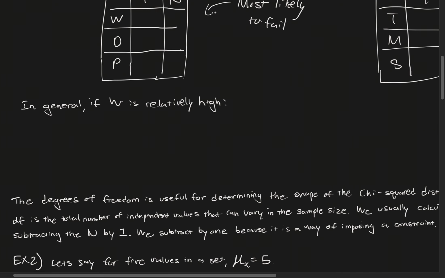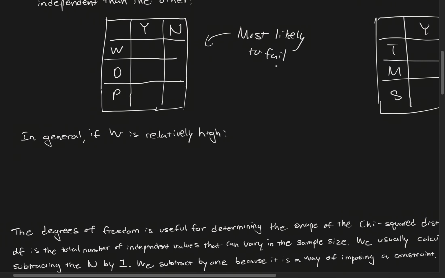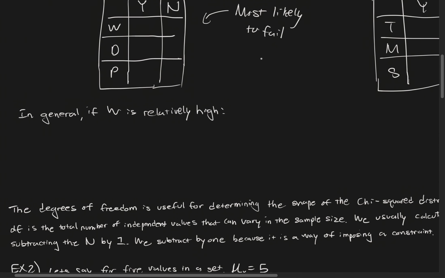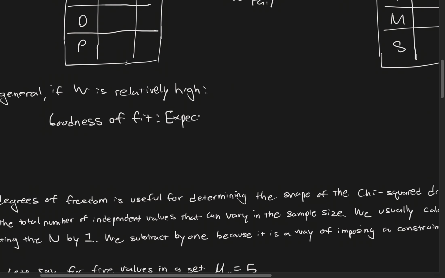So in general, for both tests we get a value of W. If the W is high for either case, then for the goodness of fit, the expected data does not match the observed data.